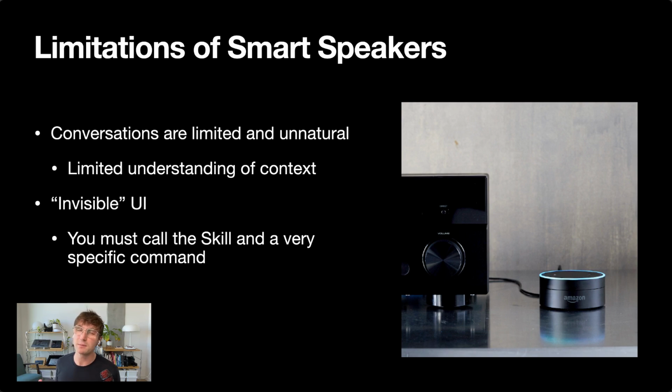And the problem with these skills is that the UI is invisible. So on your phone, you have visual indicators, the icons that allow you to call up the apps. But on your Echo device, for instance, you actually have to remember the name of the skill and remember the very specific set of commands that are available to you to be able to successfully execute that.